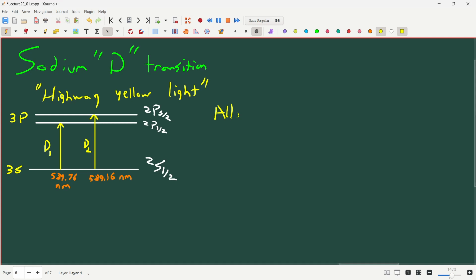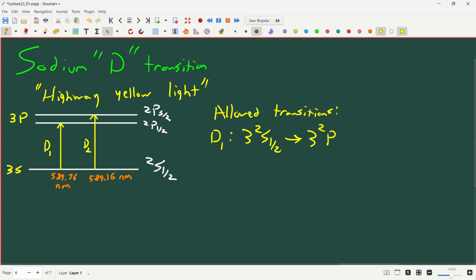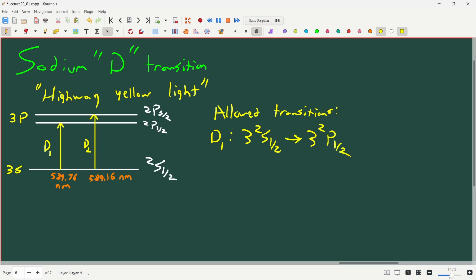The allowed transitions are D1 and D2. D1 is the 3S1/2 to 3P1/2. This is delta S equals 0, the spin isn't changing.